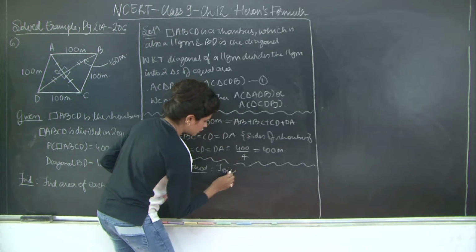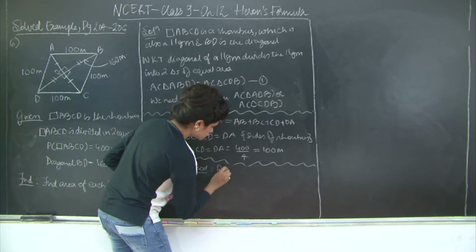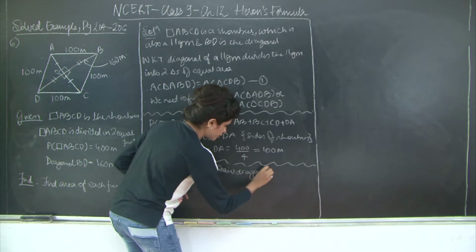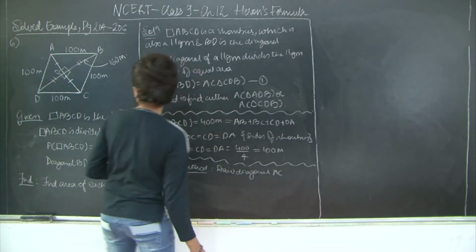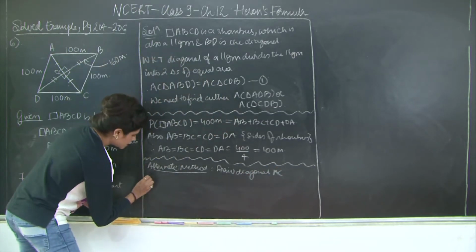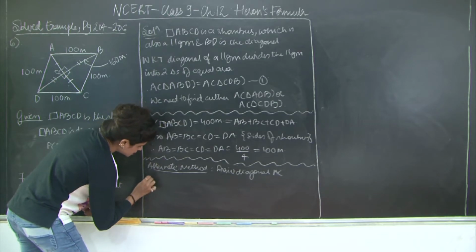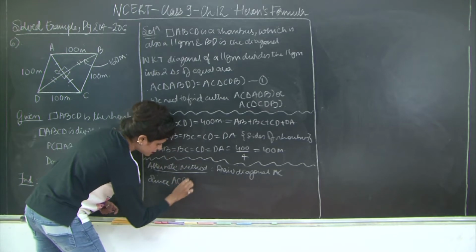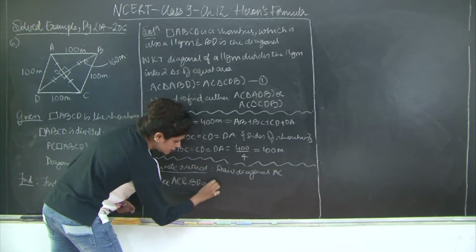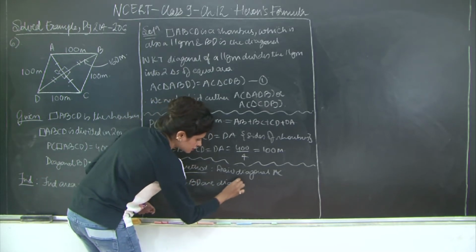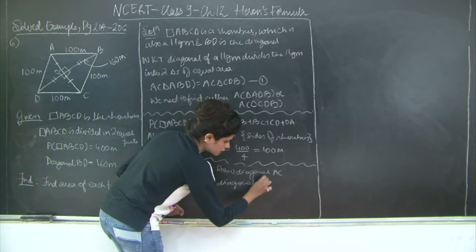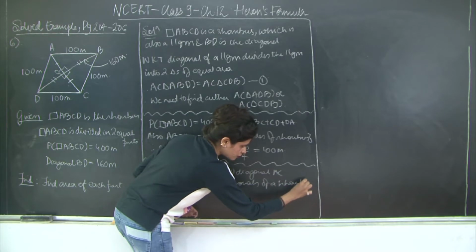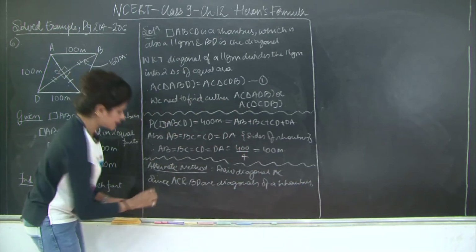Join, or rather draw, diagonal AC. Since AC and BD are diagonals of a rhombus, they are perpendicular bisectors of each other.